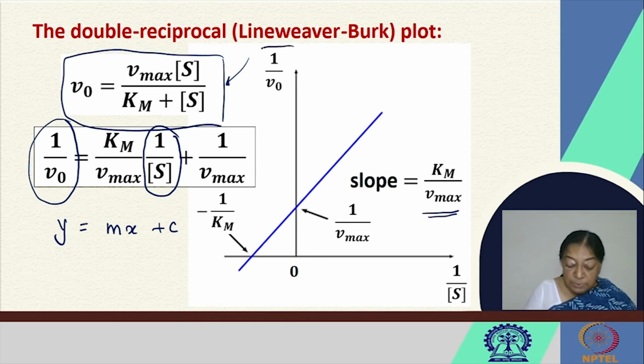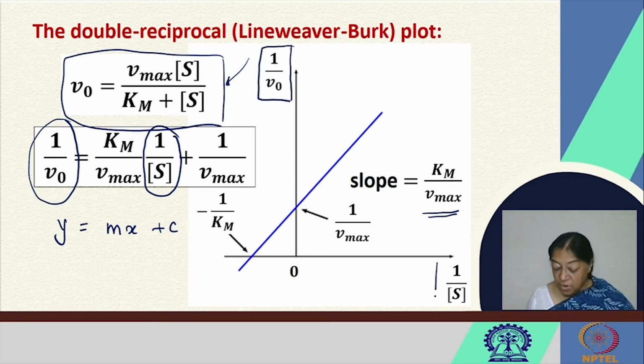So this is what we plot in our double reciprocal plot, 1 by V0 versus 1 by S.